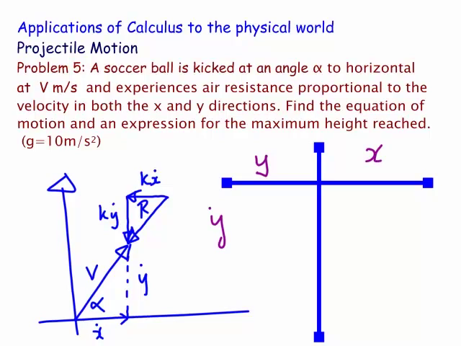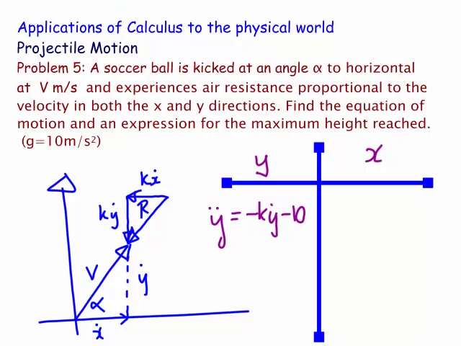We know there is a minus g, but not only is gravity acting downwards, we also have this ky dot, minus g here. And we know g is actually 10, so let's just write 10. Gravity is acting down, and the resistance is acting in that direction initially as well.